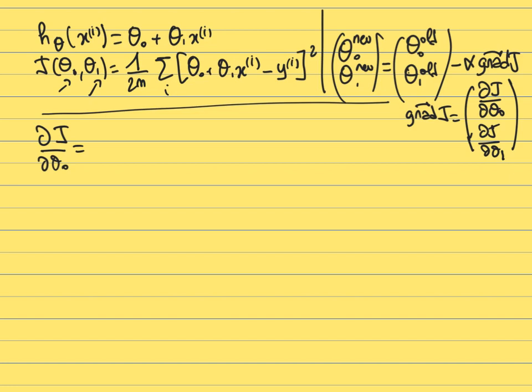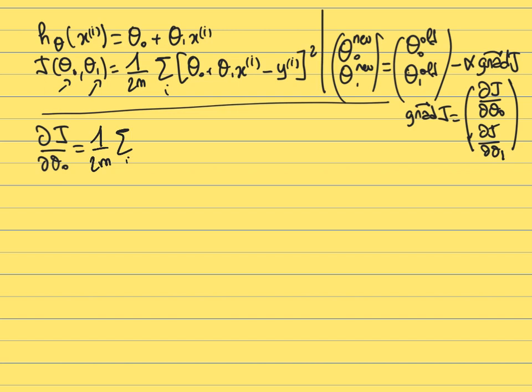First we have the prefactor 1 over 2m. Then we need to calculate the derivative of a sum. The derivative of a sum is the sum of the derivatives, so we can put the sum. And then we need to calculate the derivative of the function (theta naught plus theta 1 x minus y) squared.